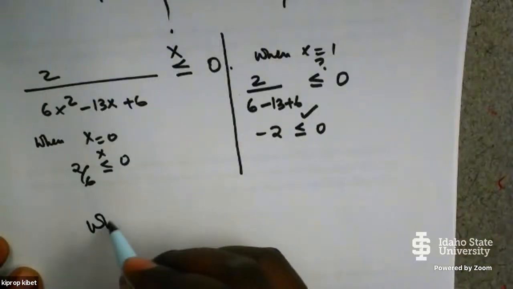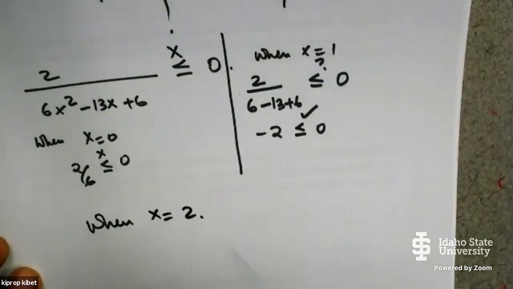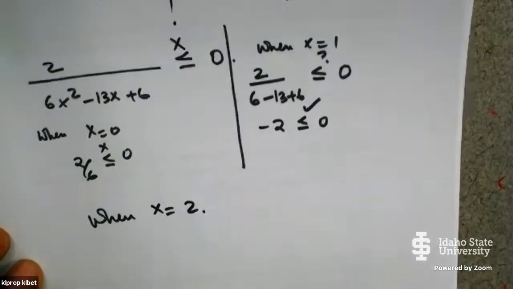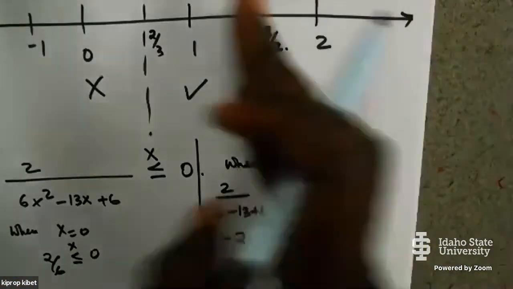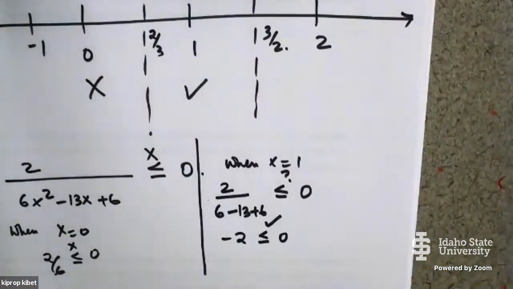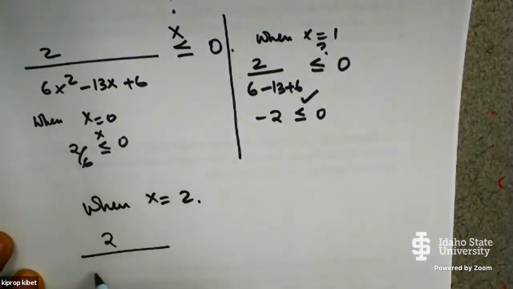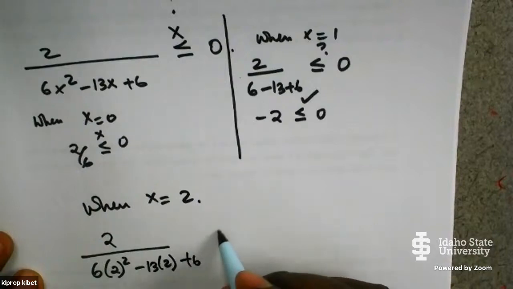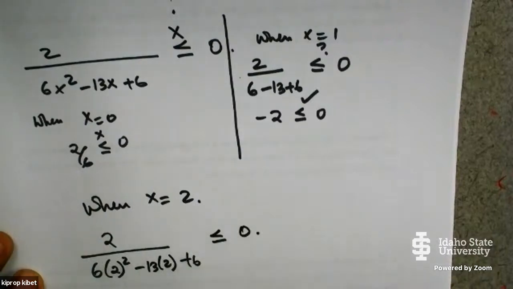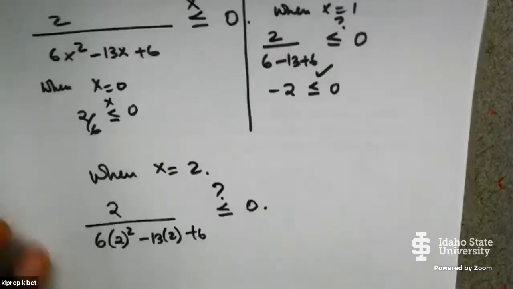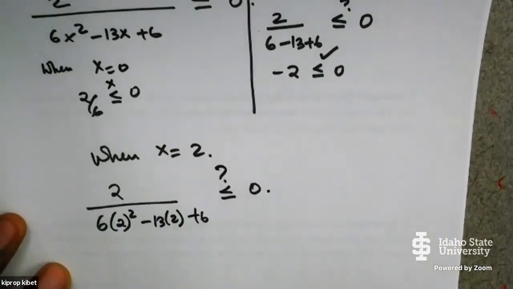So when x equals 2, which is here, after 3 over 2, okay? So you come here, 6 times 2 squared, minus 13 times 2, plus 6, is less than or equal to 0.